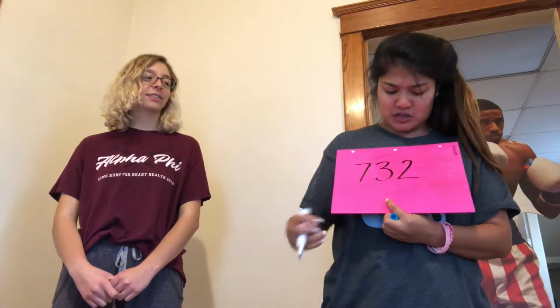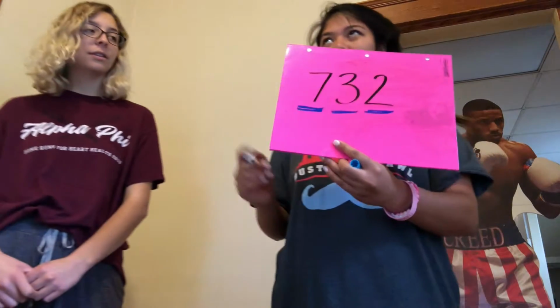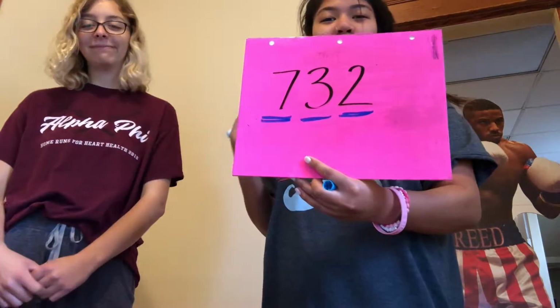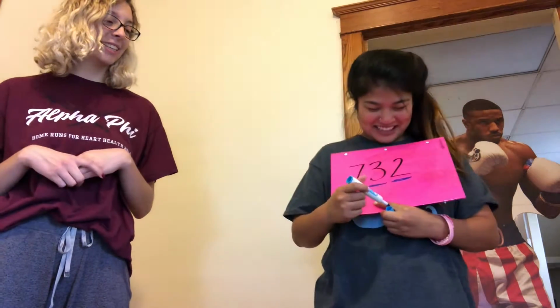So we're going to label the place values of each digit in this 3-digit number. We're going to start here, then go with the 3, and then label the 7. I'm going to give you a couple of seconds to label that. Okay, let's come back.